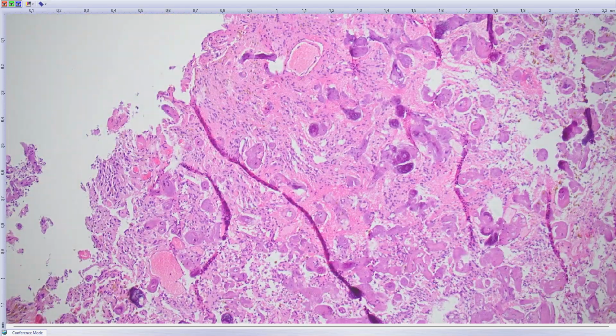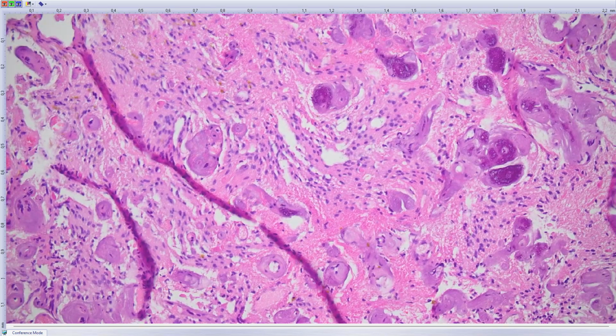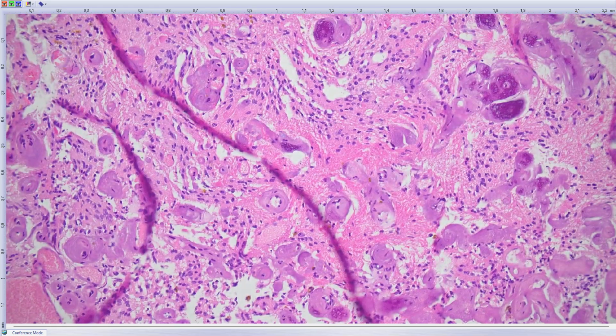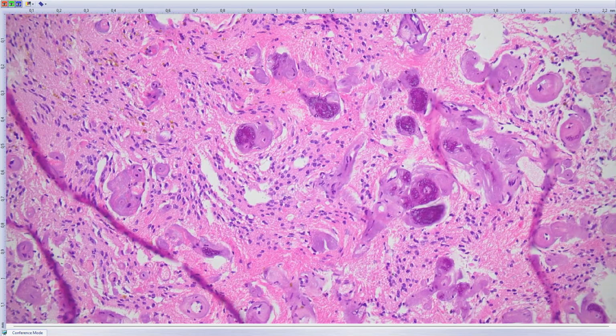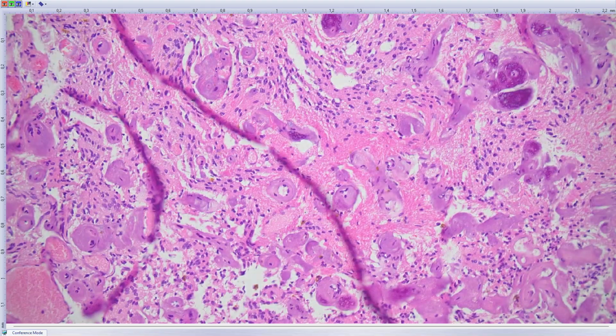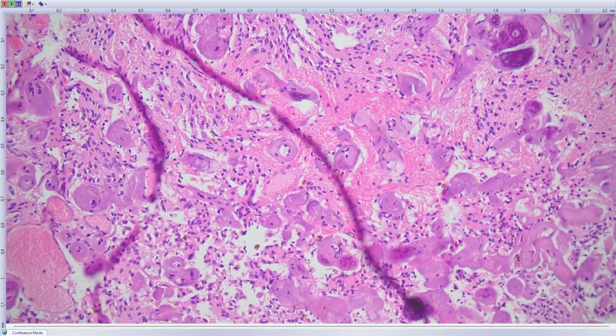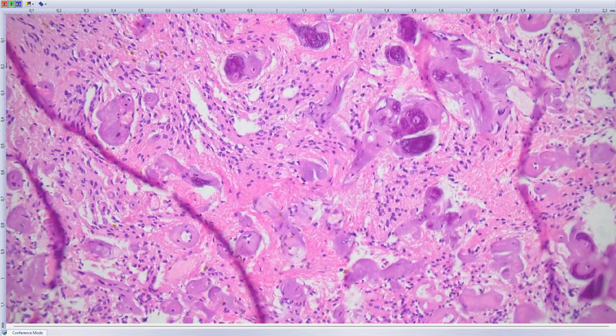So already quite interesting things can be seen. You can see these hyalinized and even calcified vessels. It's almost always a clue to some low-grade lesion. Okay, so you can have this type of vessels for pilocytic astrocytomas, for example.